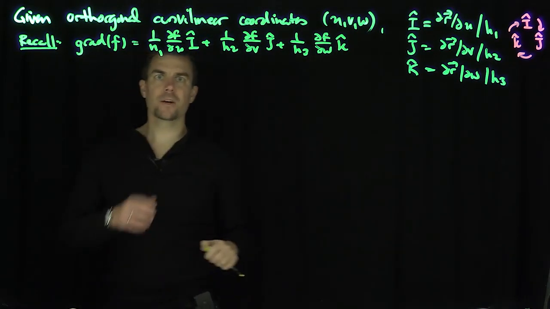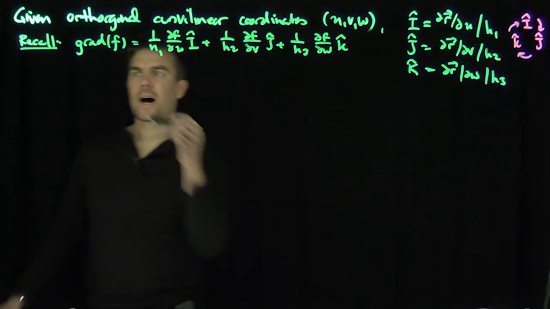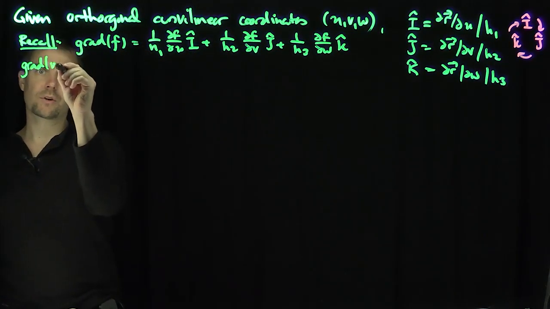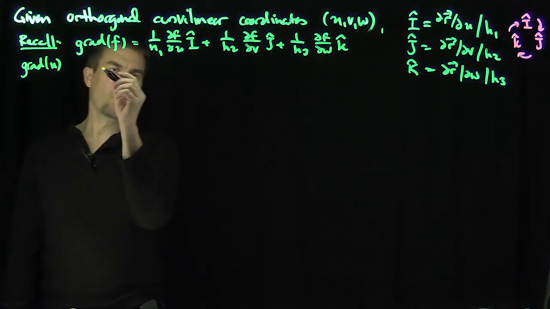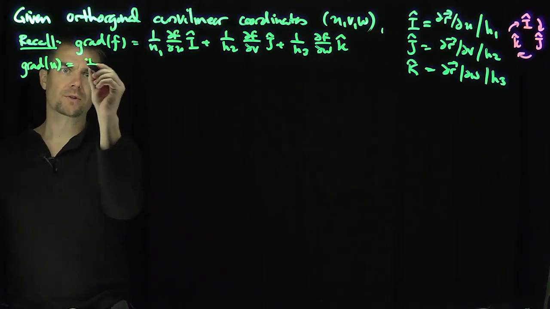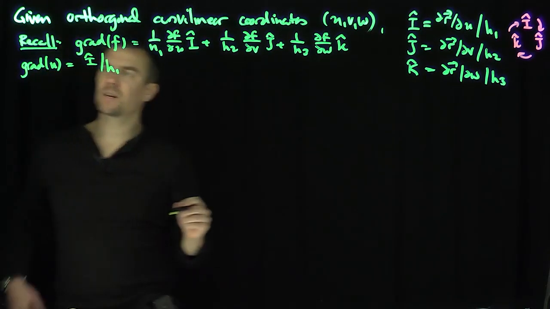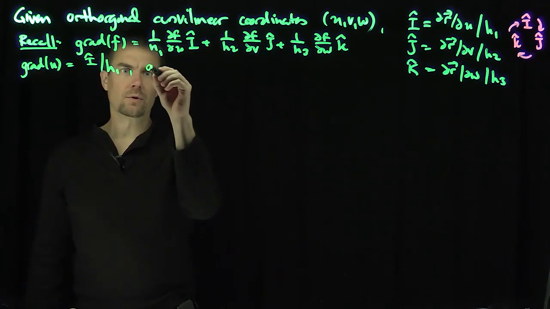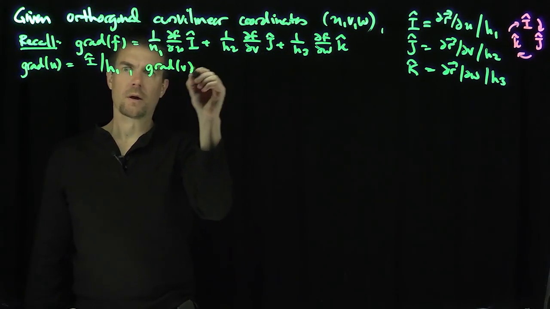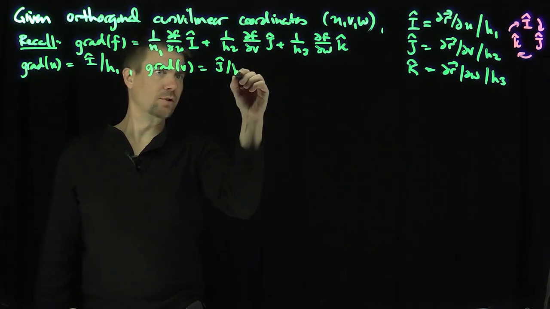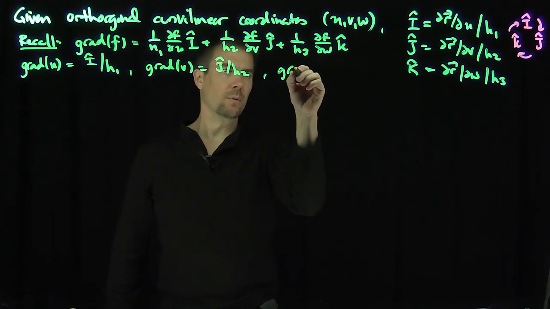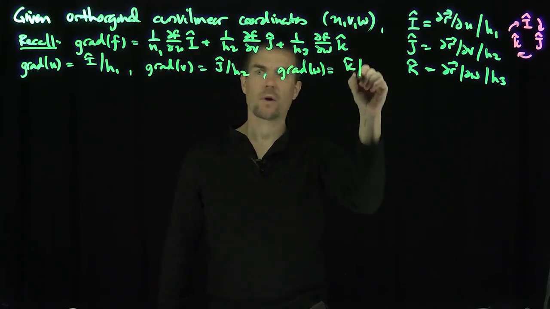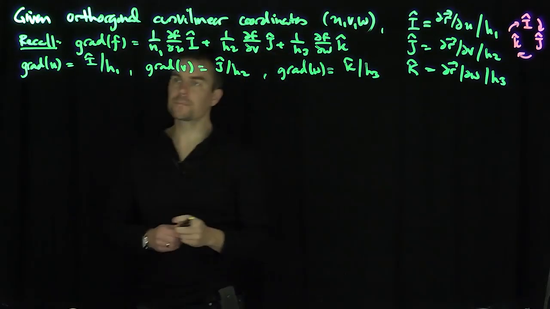So in particular, if I take the derivative with respect to u, I get the relationship, and cyclically, that the gradient of just the coordinate u is going to be 1 over h1 i hat, so i hat over h1. And similarly, grad v is going to be j hat over h2, and grad w is going to be k hat over h3, okay?